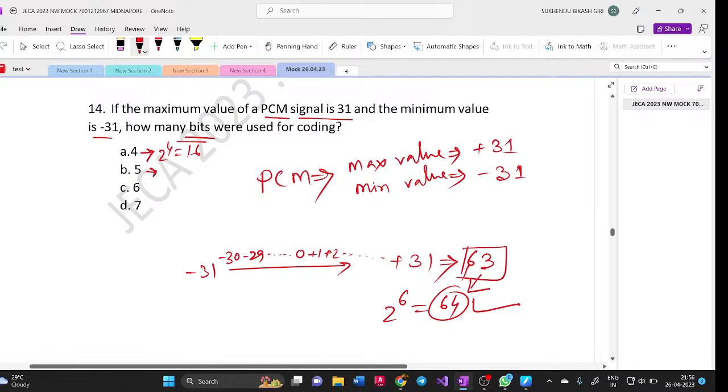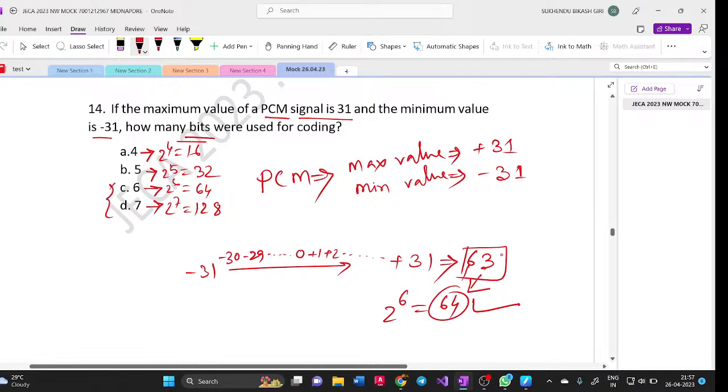If you take 5 bits, we cover 32 values. If you take 6 bits, we can cover 64 values. And if you take 7 bits, we will cover 128 values.